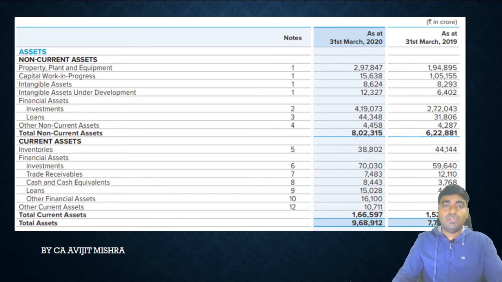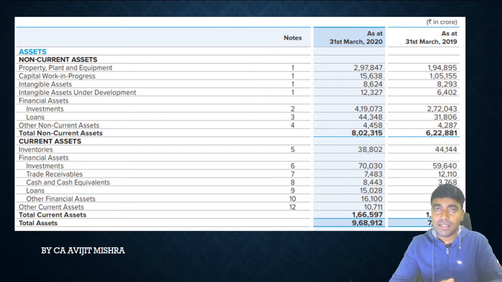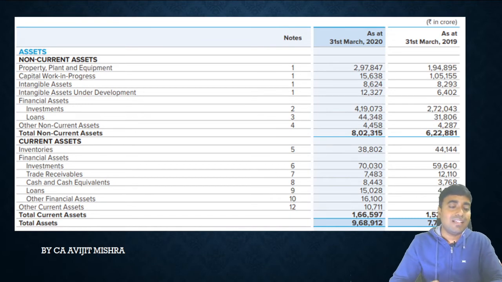So that is all about the asset category. What we understand is that assets are basically divided into two categories: non-current and current. Non-current is not easy to convert into cash. Current is very easy to convert into cash. That is a common understanding. In non-current, what things are coming? Property, plant, equipment, capital work in progress. If it is there, it is positive news. If property and plant equipment are growing, that means the company is expanding.